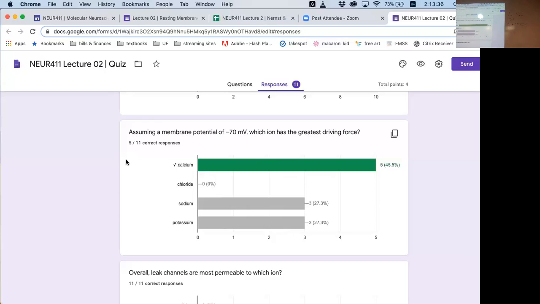Let's say that we patch a cell and we take it on down to minus 100 and we don't kill it. So we'll set our Vm equal to minus 100 millivolts. How much driving force is there?